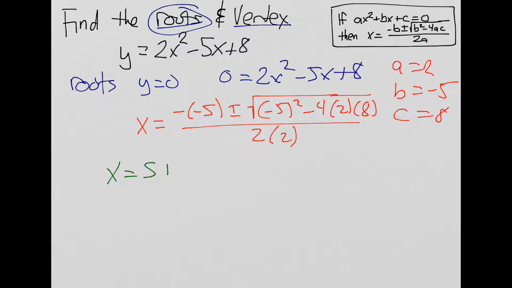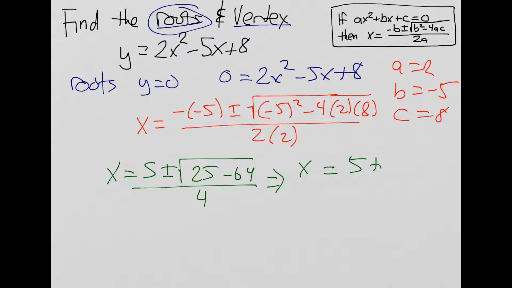X equals 5 plus or minus the square root of 25 minus 64 over 4, which is 5 plus or minus the square root of negative 39 over 4. Negative 39 is, oh, well, it's negative.